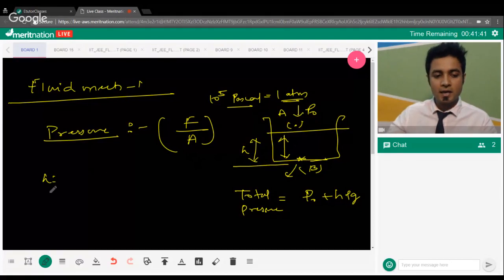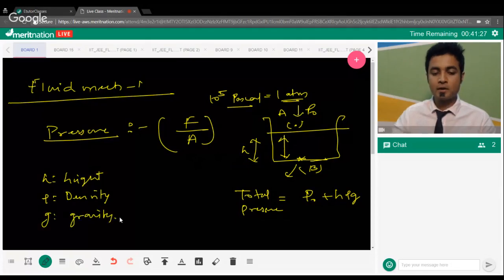Here rho is the density, h is the height, and g is the gravity. So at the bottom of any tanker or lake, if the water is filled up to a height of h, the bottom pressure would be this much.